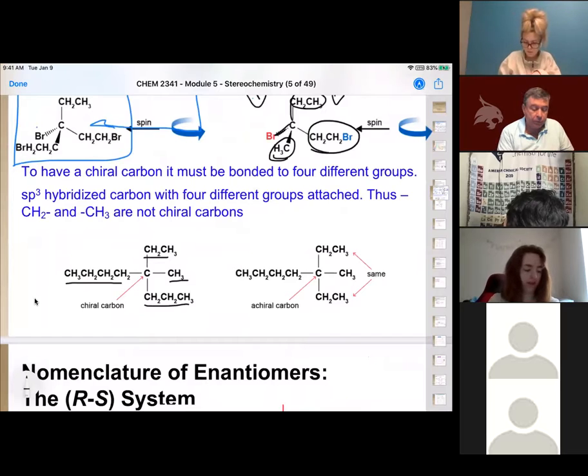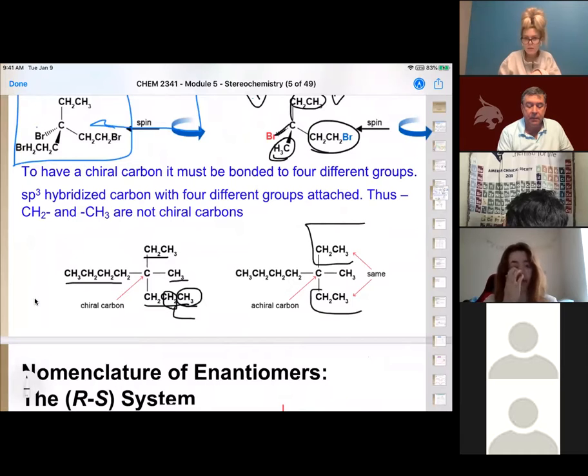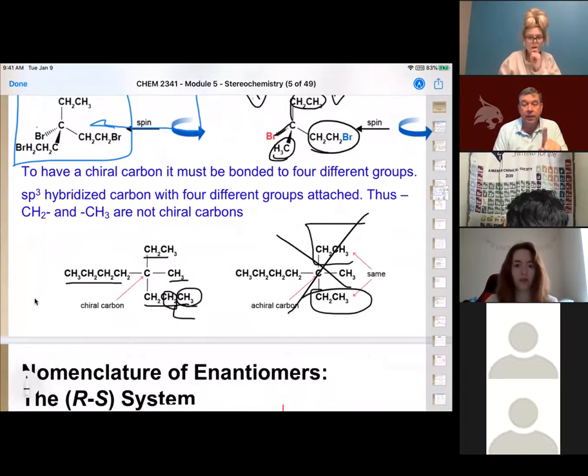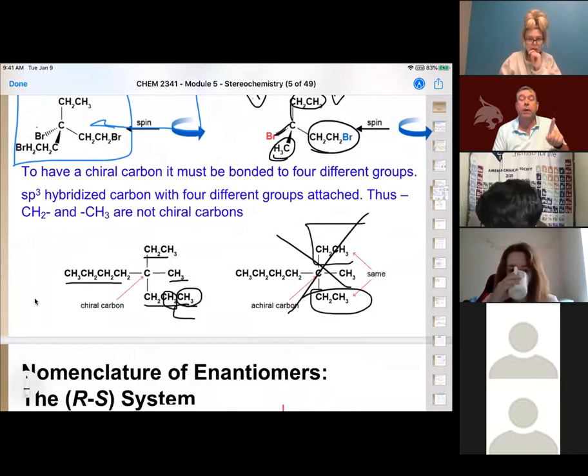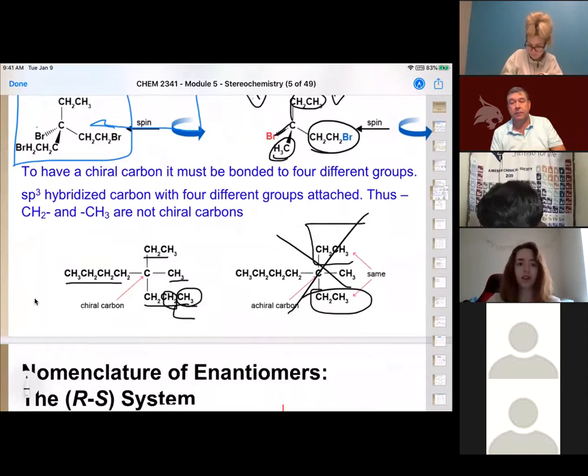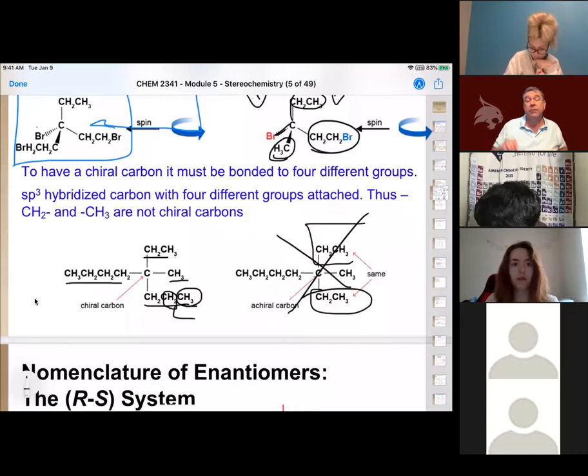All we have to do is remove one methyl group, or one methylene group here, from this chain, and they become the same, and therefore this is not chiral anymore. So one small change in one of the chains is enough to change it from a chiral system to an achiral system. That's why you have to make sure those 4 different groups are truly different all the way down the chain.